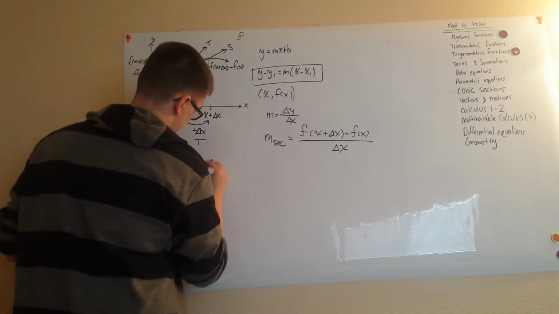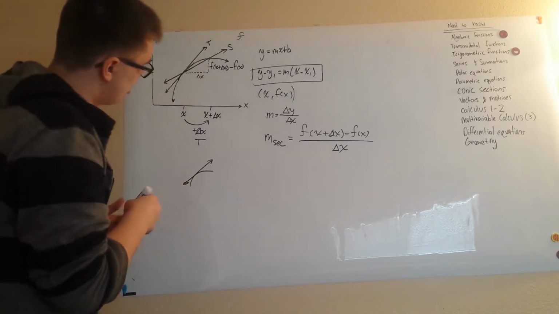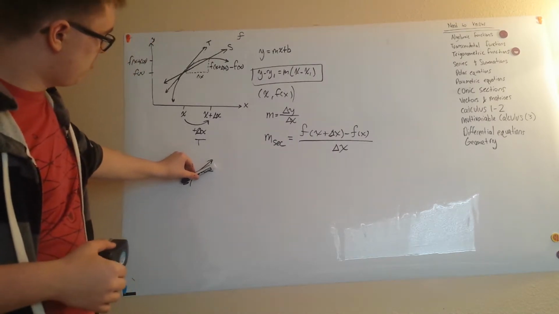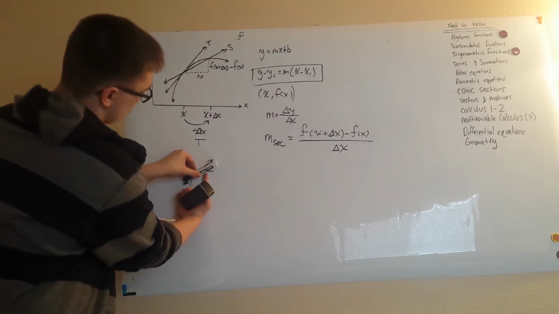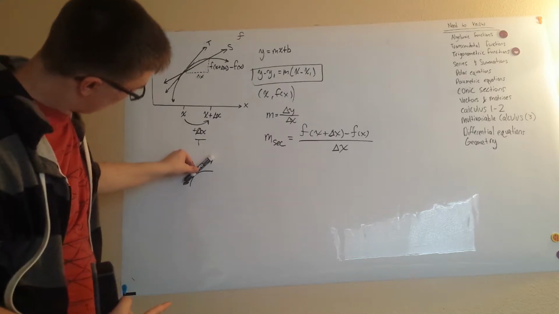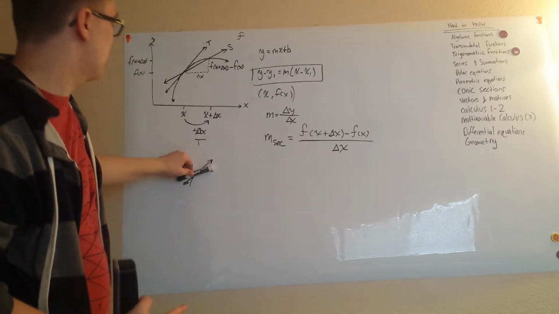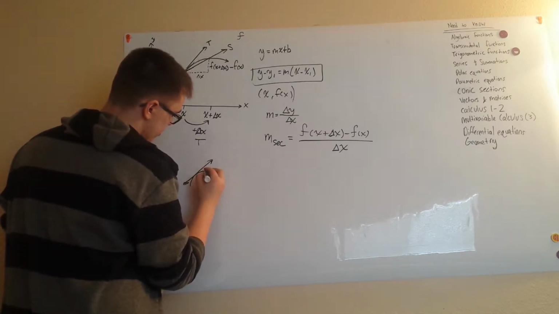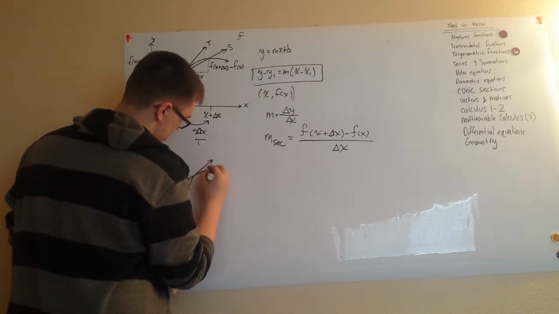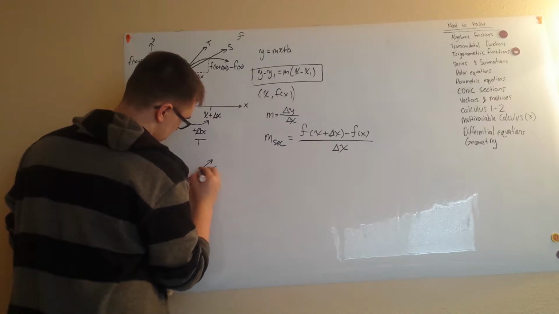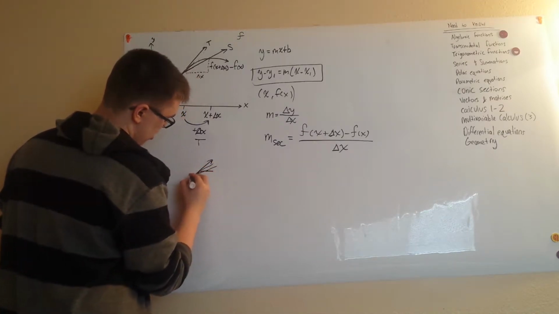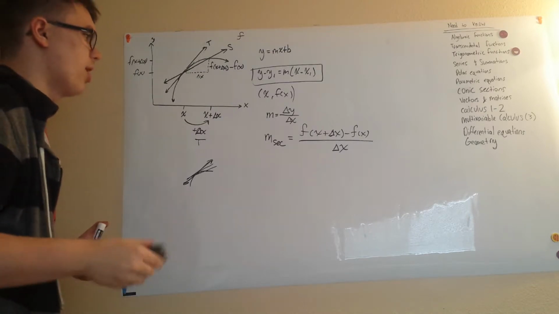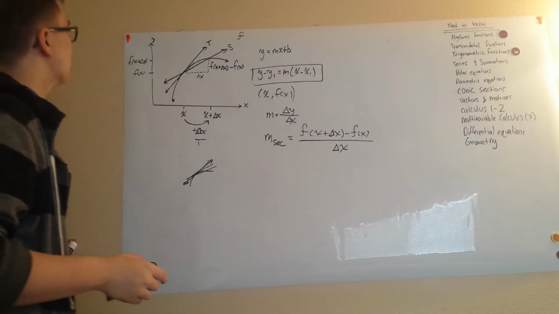So that's a tangent line. But if I have a secant line, and I move the second point closer and closer and closer to that point, then I get more accurate with the slope of my tangent line.